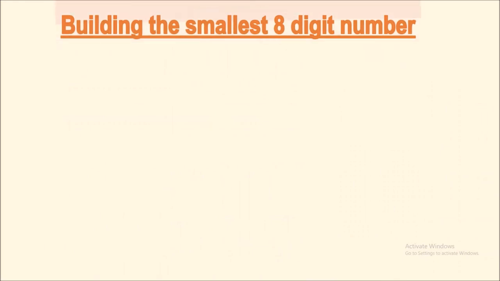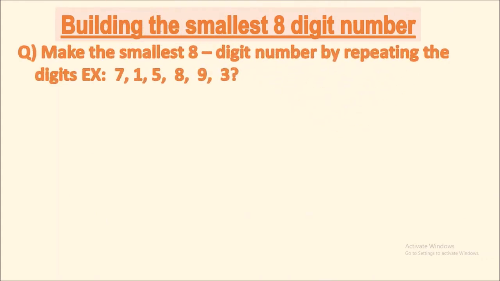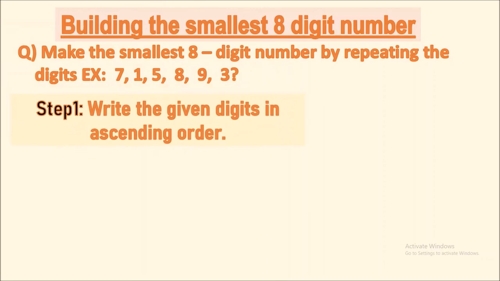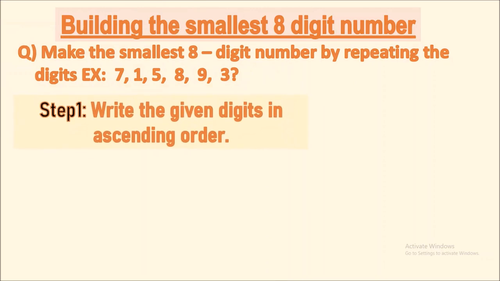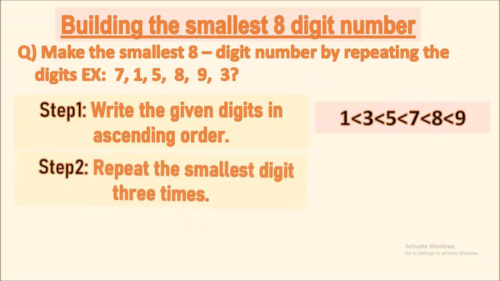Build the smallest 8-digit number. Here also we are getting 6 digits, and we need to make an 8-digit number. Here also we need to repeat. So again, let's see what's the first step. Write the given digits in ascending order. That will be 1, 3, 5, 7, 8, 9, and then repeat the smallest digit.